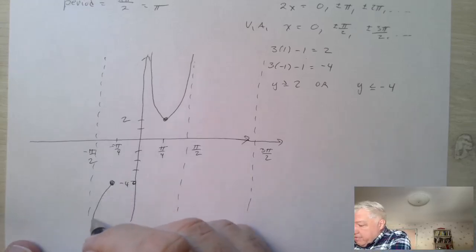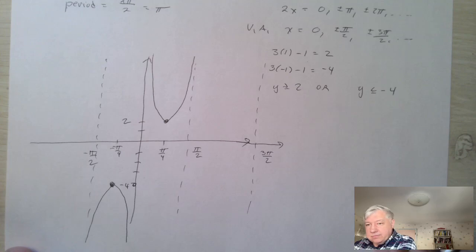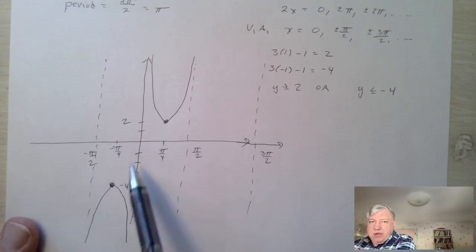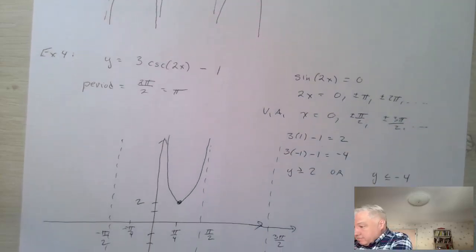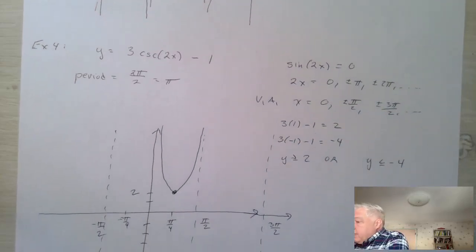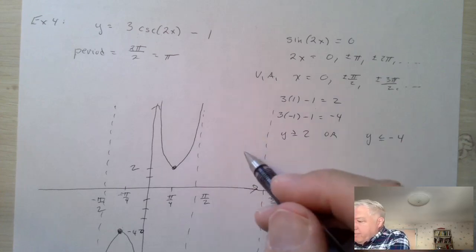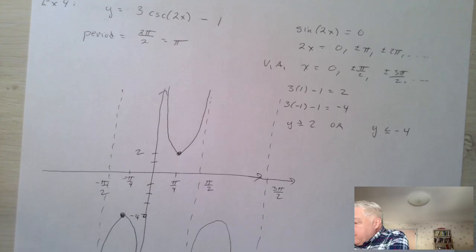And all the values will be below that. Okay. And again, the reason there's more down here than up here is because of this negative 1, and the shift of that. Okay, so that's how we get this, and then you can just repeat this over here.